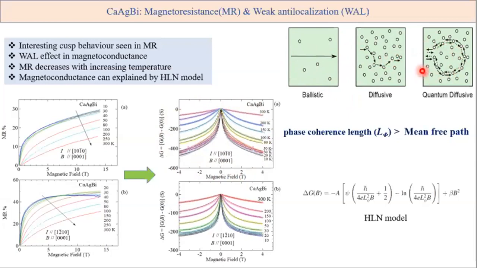But when you have the quantum diffusive region, meaning you have scattering centers and the electron gets scattered, you are able to see some kind of quantum phenomena, whether it is weak destructive interference or constructive interference. All that phenomena depends on whether your phase coherence length is larger or smaller than the mean free path. I will briefly describe one by one.